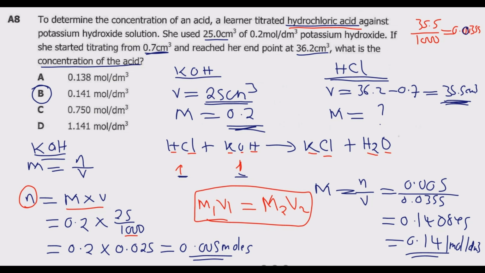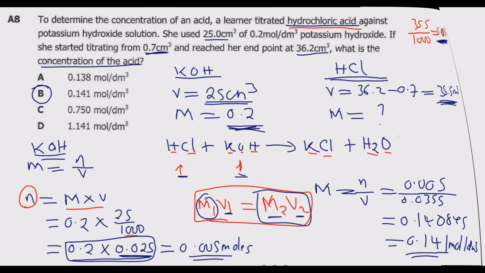What you notice in this case is this will be this 0.2, then this one will be this volume that we had found. Then you equate to the volume, which is this one, then you multiply by this M, then you solve for M1. You're going to end up with the same answer. So technically it's the same thing you're going to arrive at.